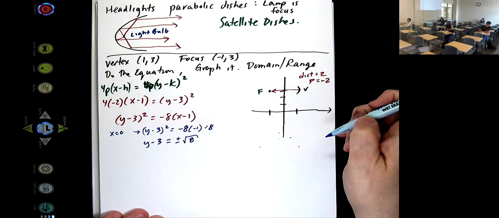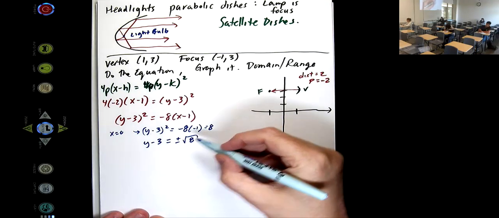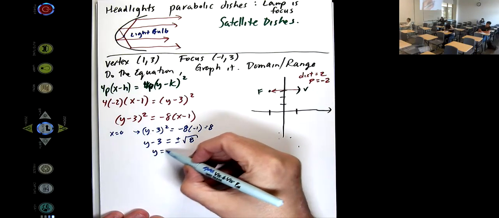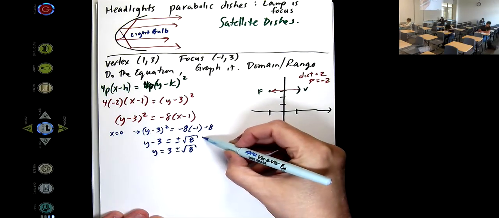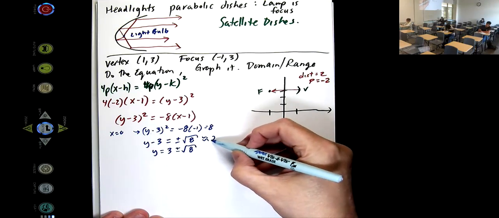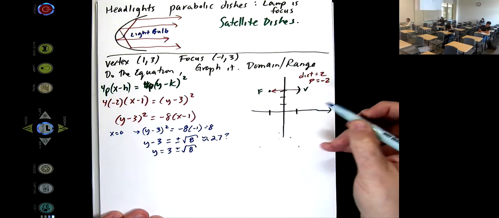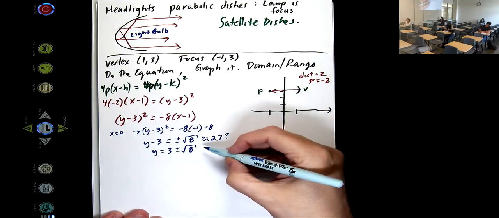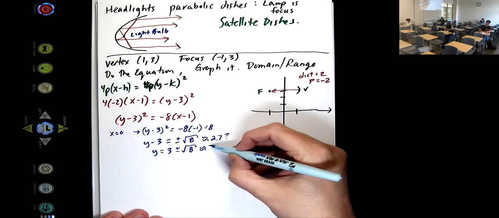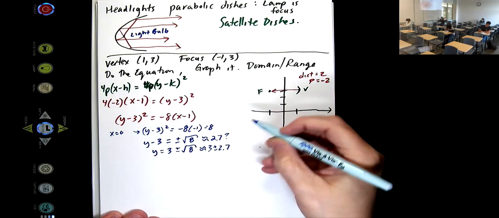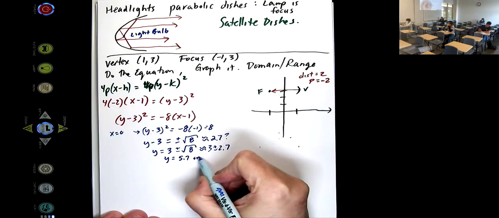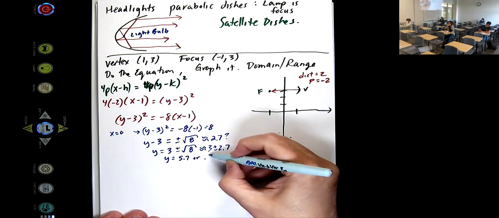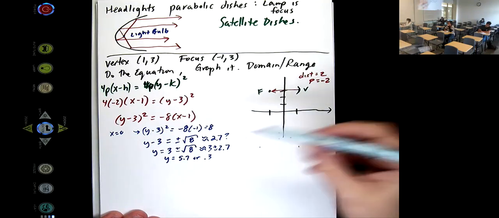The square root of 8 is pretty close to the square root of 9, but just below it, so approximately 2.7 or so. I just need to get close to it on the graph. So 3 plus or minus 2.7 gives y equals 5.7 or 0.3 when x equals 0.